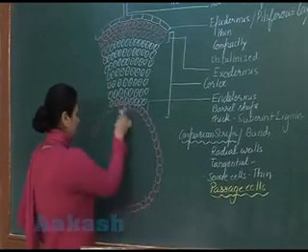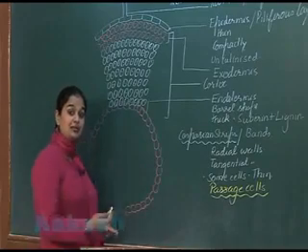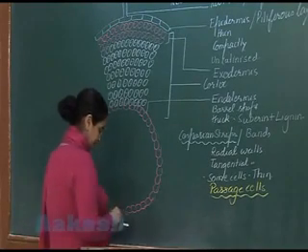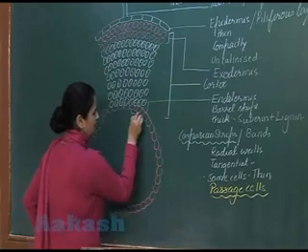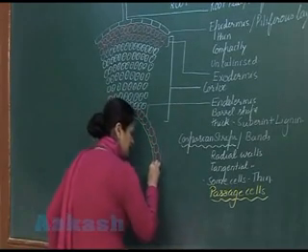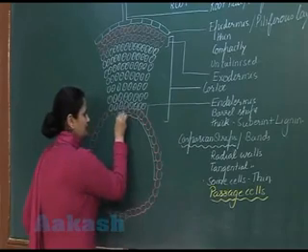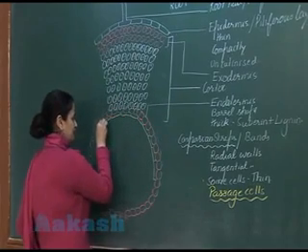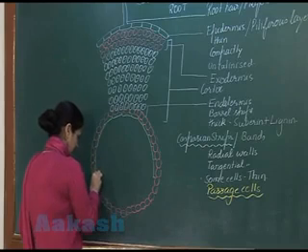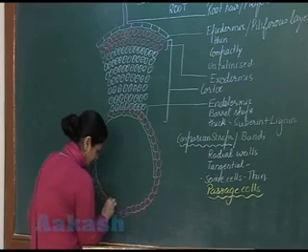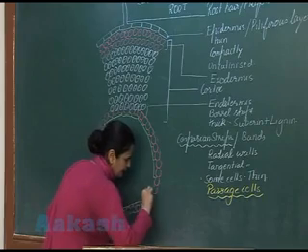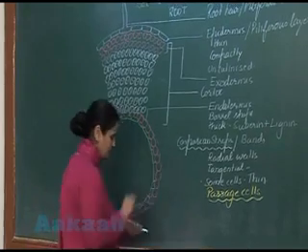Now, below the endodermis is another part of the ground tissue, that is pericycle. Below the endodermis, this layer that I am now drawing is the pericycle. Pericycle can be single layered or it can be more than one layer.